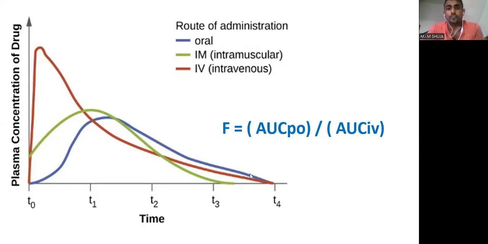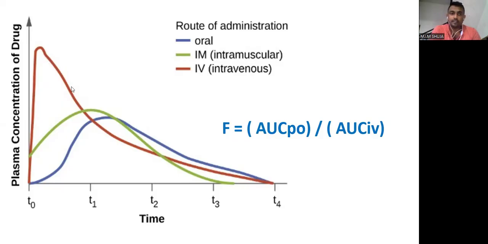So if we want to say the bioavailability for each, we have to calculate the amount of drug which is reaching the venous circulation. For that we calculate the area under the curve. This is the ideal, right? Imagine all three routes are for the same drug. If you are giving it in IV form, that is 100% bioavailability.